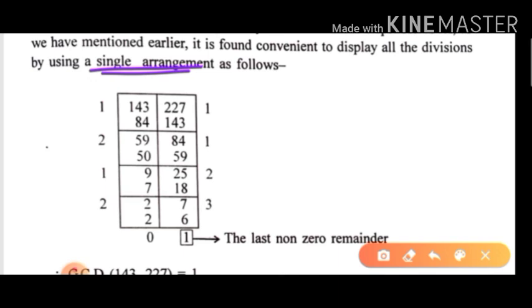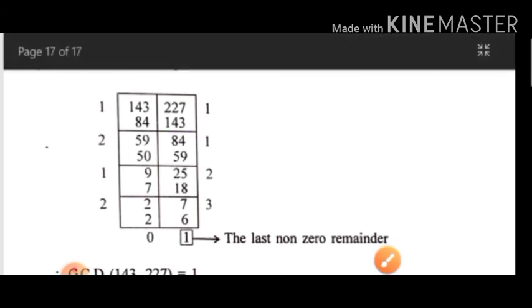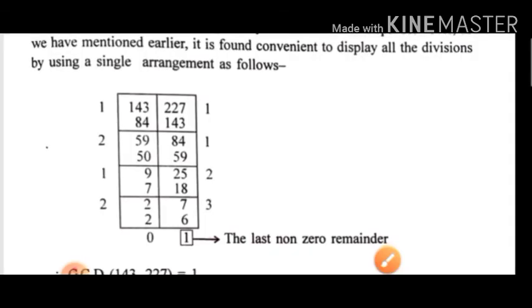That means first you have to divide this one, and then whatever the remainder is, here 84, you have to divide this again into 143, and write this on either side.